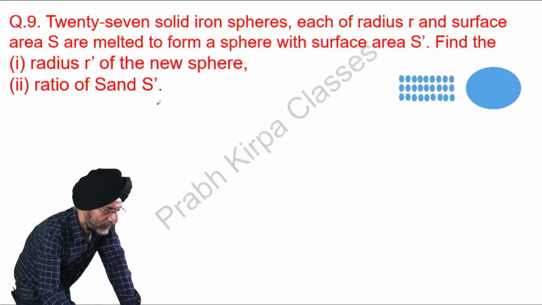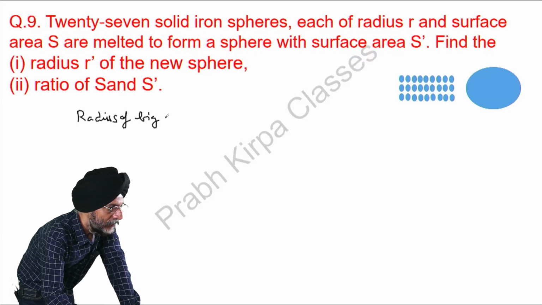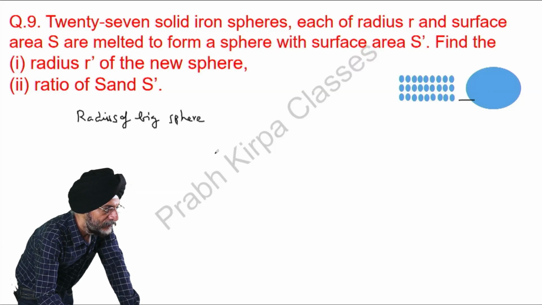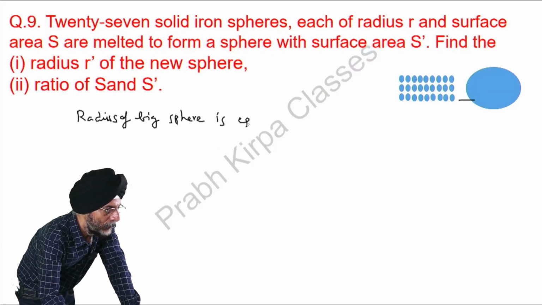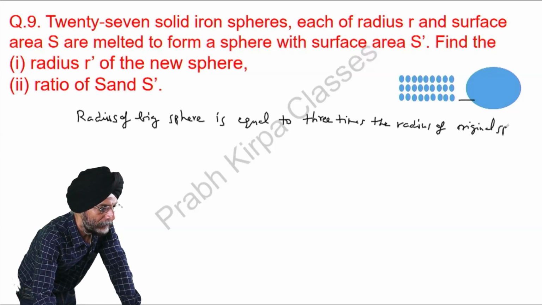What we have calculated so far is that the radius of the big sphere is equal to three times the radius of the original sphere.